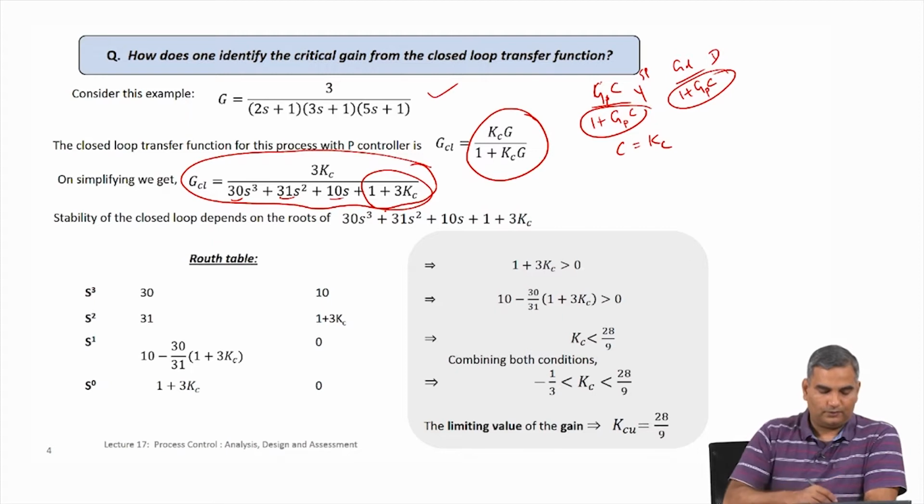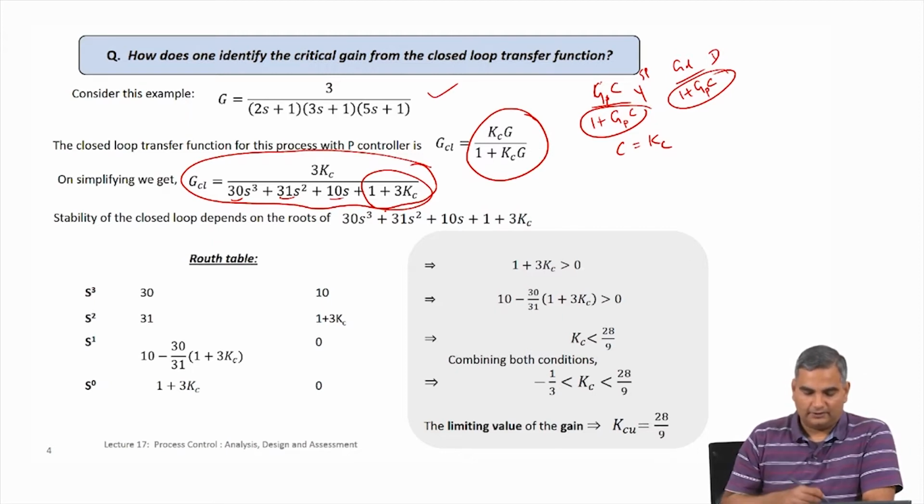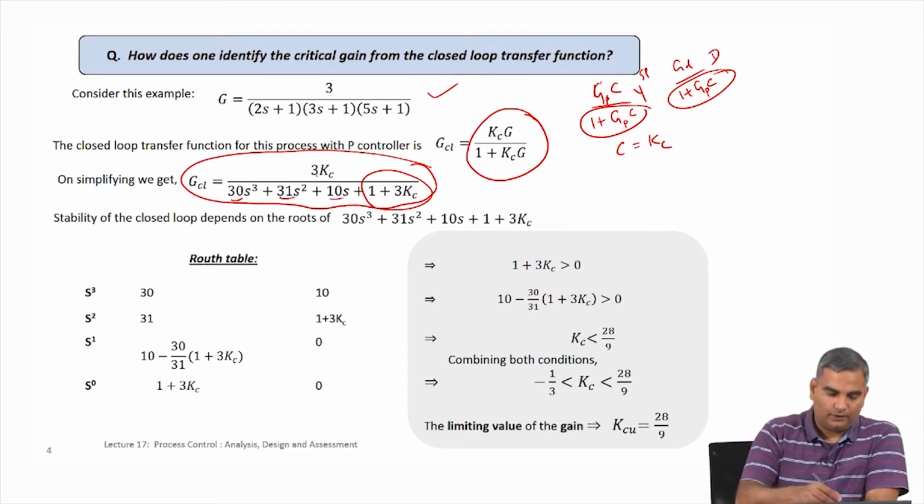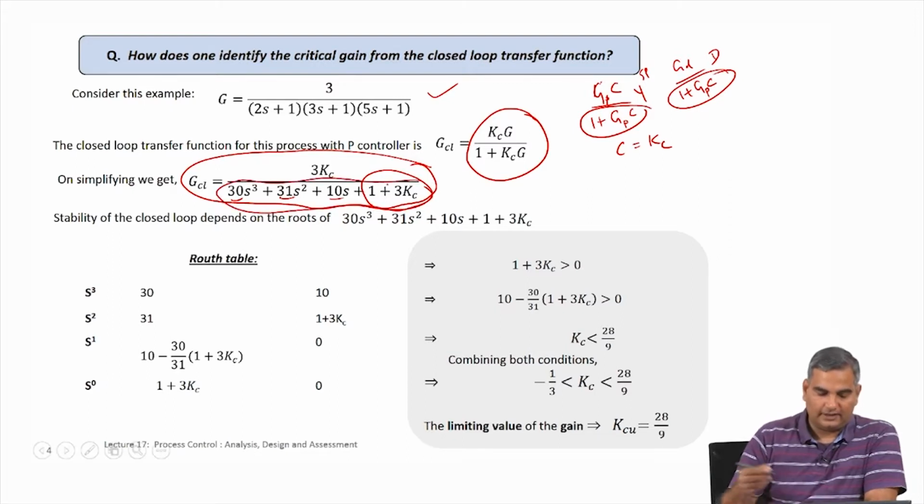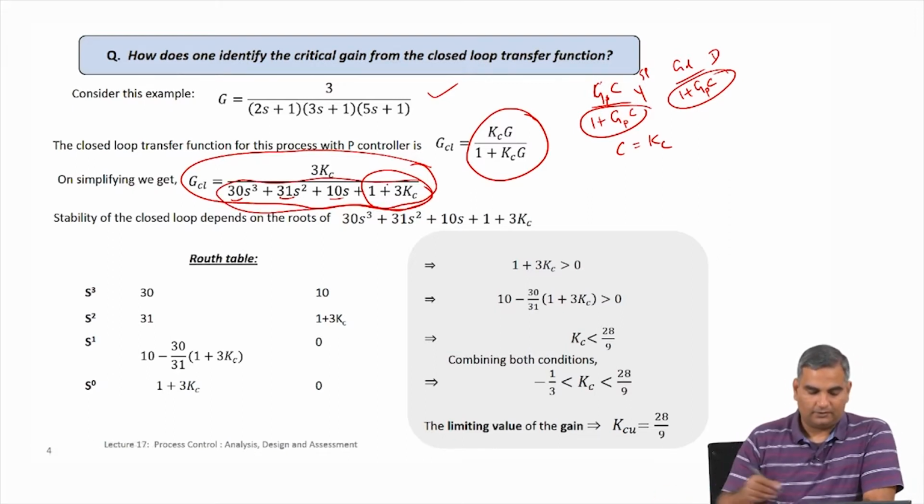Before we do this, let me clarify one more thing, just so that we understand how all of this works. I mentioned that you do not have to worry about the stability of the transfer function for GCL and GD separately, because the denominator polynomial is this. There comes one caveat, a theoretical point: we are also assuming that whatever the transfer function for the disturbance GD is, that is stable.